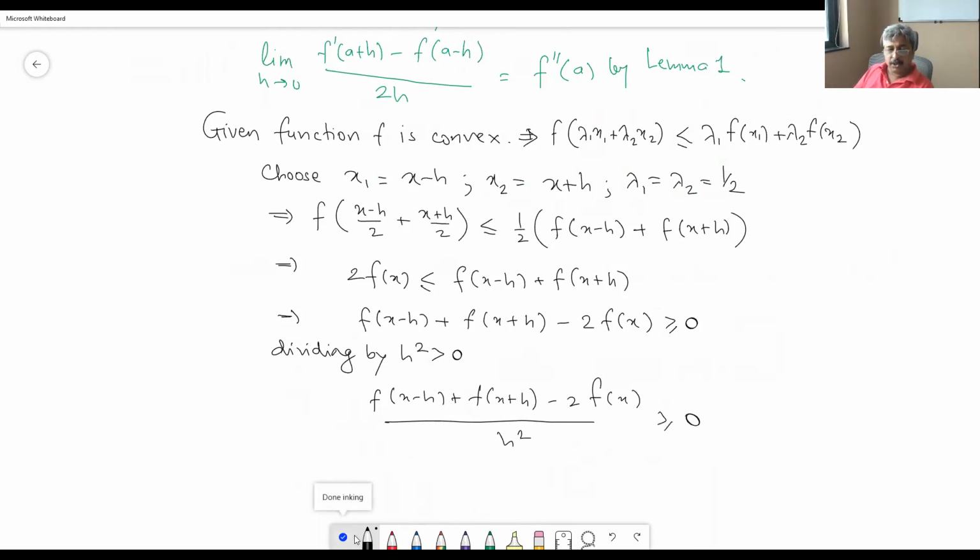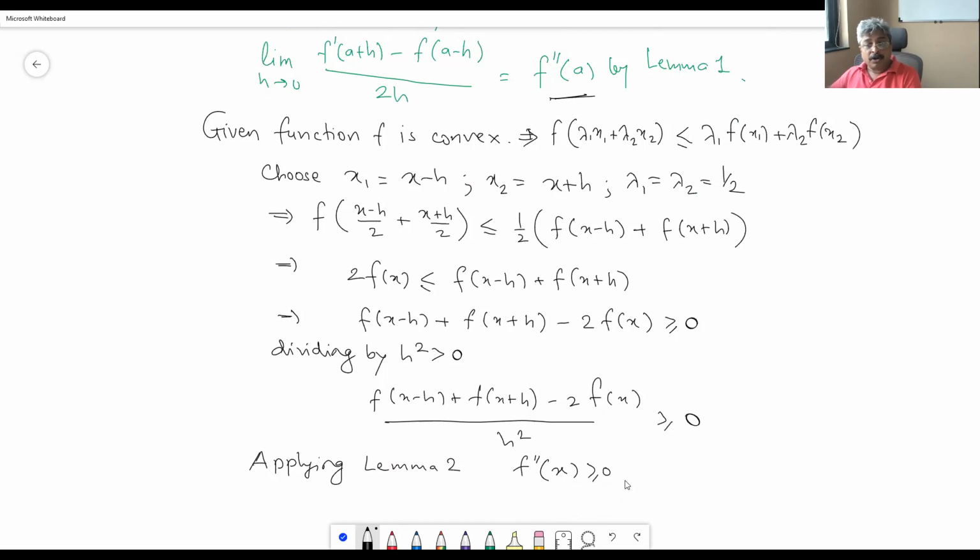And if I apply lemma 2, what we get is f double dash of x is greater than or equal to 0. That is what is the finding of lemma 2. Is that right?